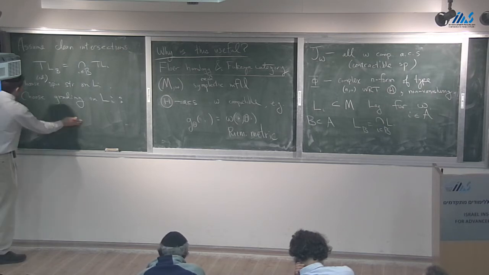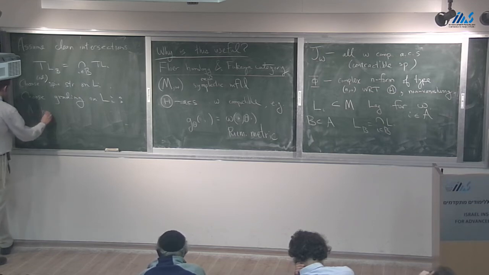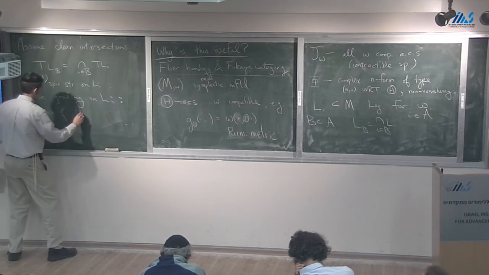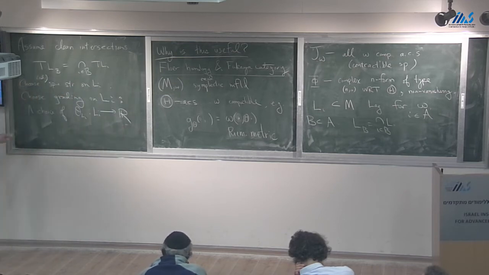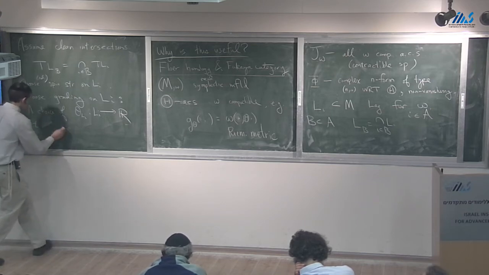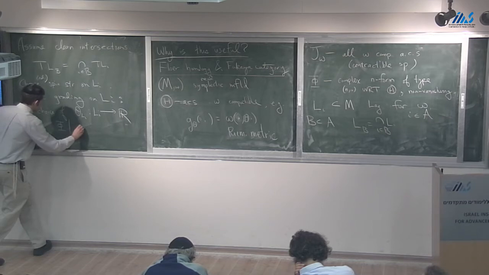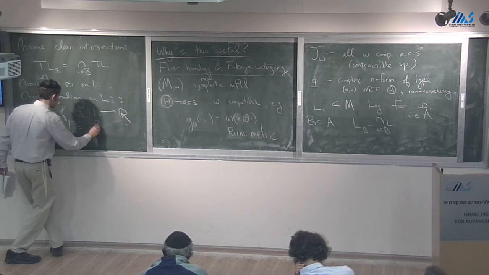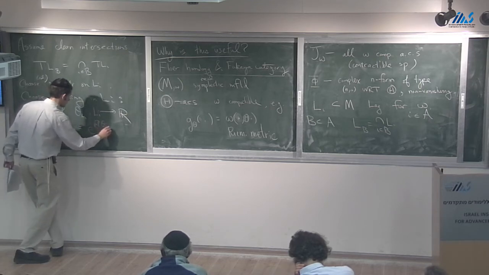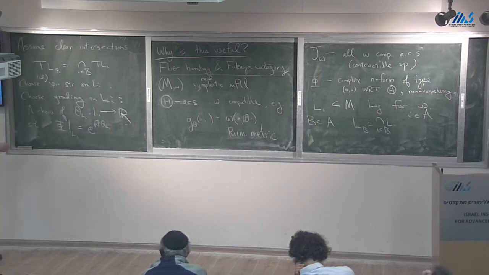So a grading on L_i is a choice of theta_{L_i} from L_i to R, such that when I restrict my (n,0) form phi to L_i, I get e to the i theta_{L_i} times some rho, where rho is just a positive form on L_i.